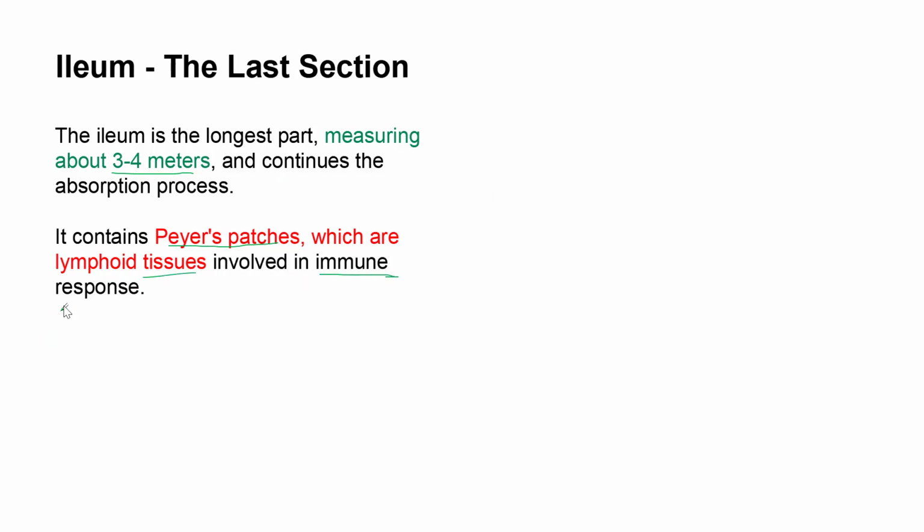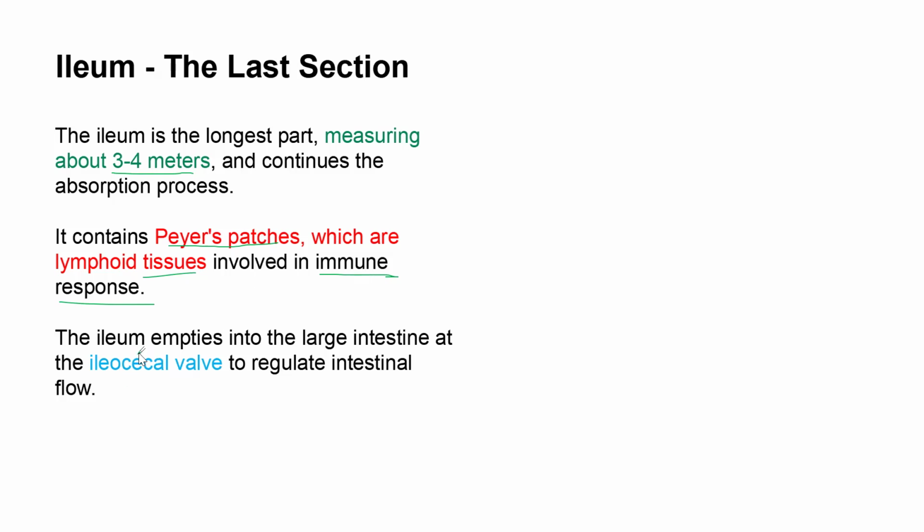So the ileum is very important in the immune response, in protecting the body against any foreign substances that can cause disease. And then the ileum empties into the large intestine at the ileocecal valve to regulate intestinal flow.